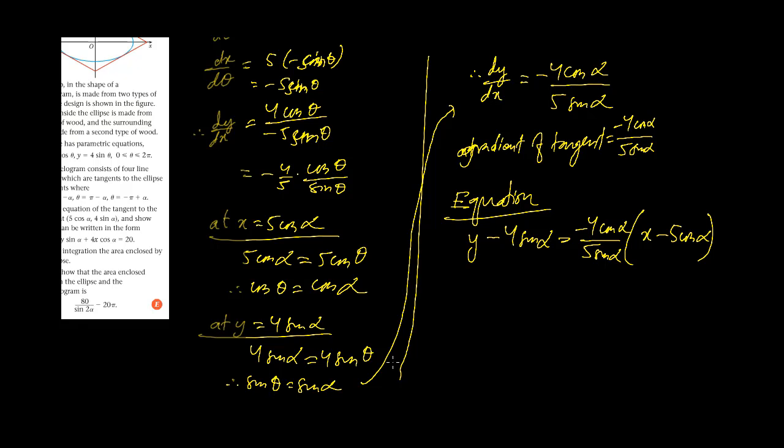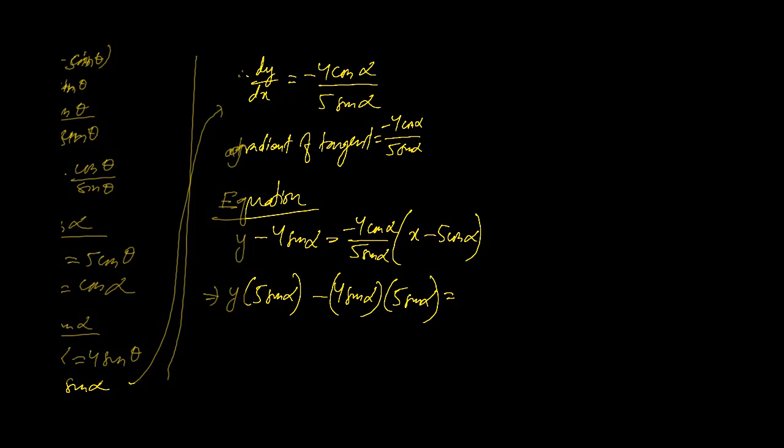Now they're telling us to simplify this. So if you simplify this, y into 5 sine alpha minus 4 sine alpha into 5 sine alpha equals, now upstairs into x, this is going to be minus 4 cos alpha into x minus minus plus 4 cos alpha into 5 cos alpha.